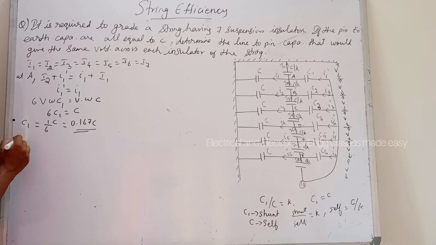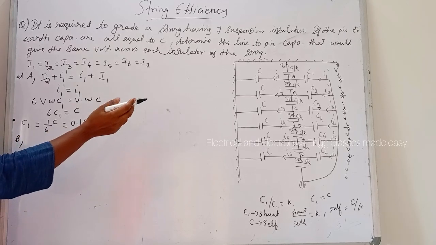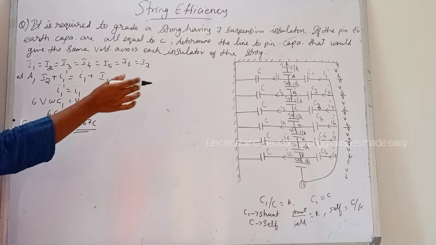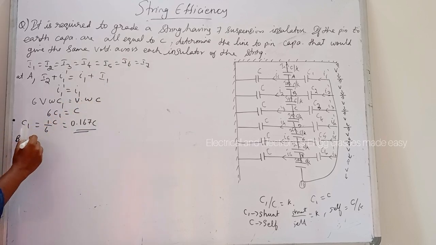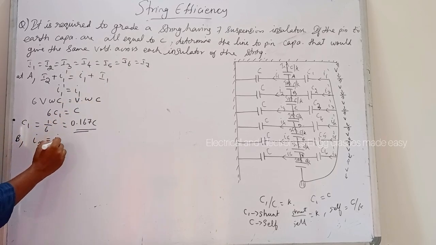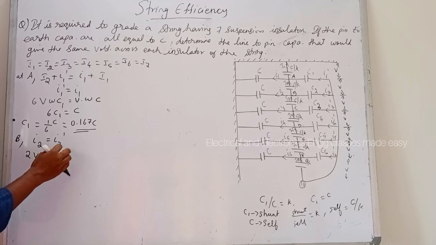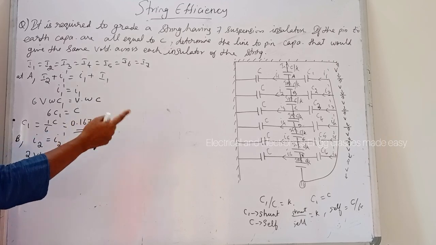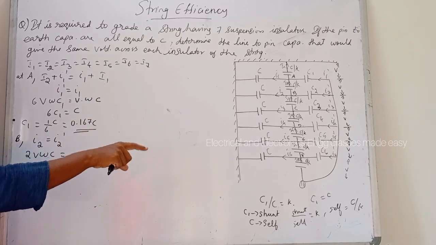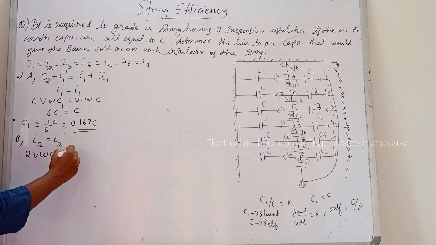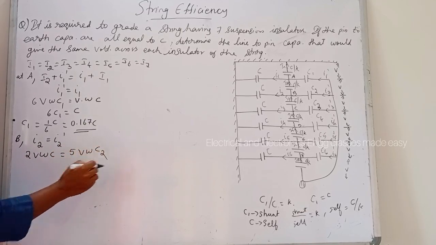Similarly, at junction B, we will get I2 equal to I2 dash. So what is I2? So I2 is 2V omega C, equal to I2 dash, which is, now there are 5 voltage drops, so 5V omega C2.